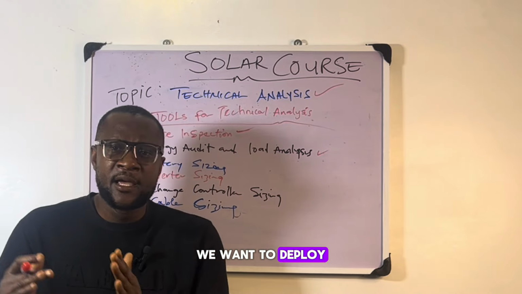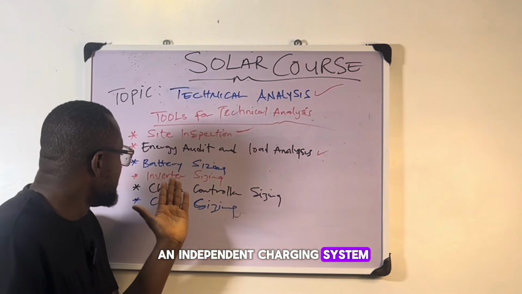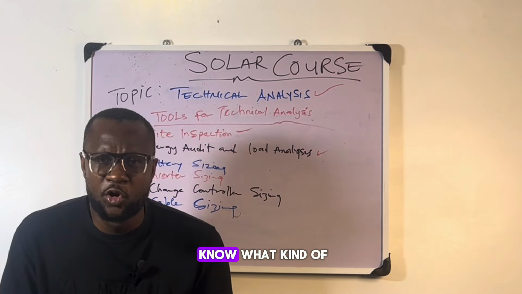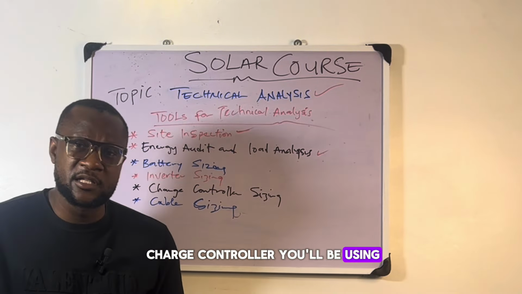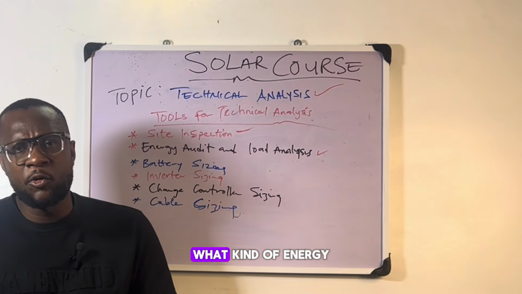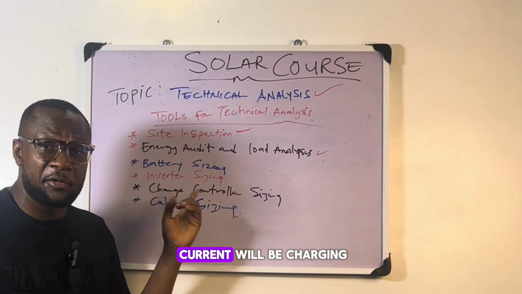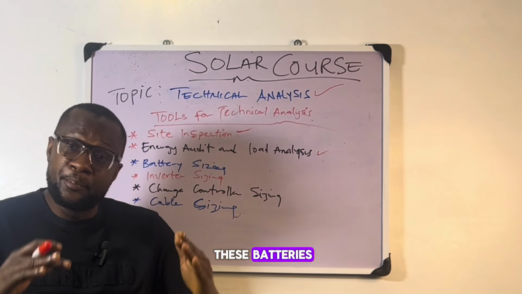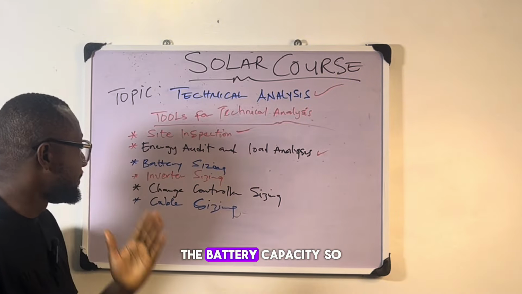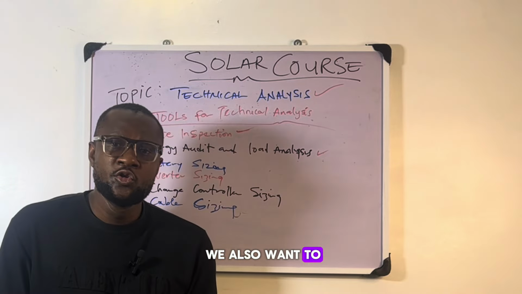We want to deploy an independent charging system by using a charge controller. So you have to know what kind of charge controller you'll be using, an MPPT or PWM, and what kind of current will be charging these batteries based on the battery capacity.